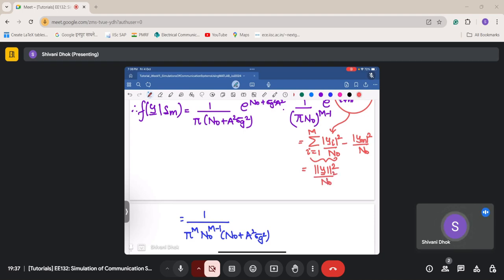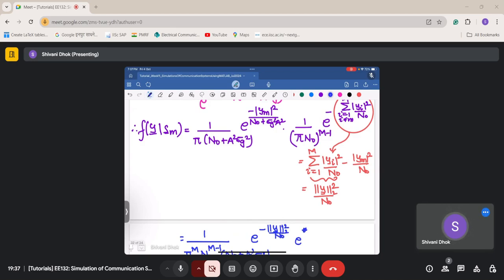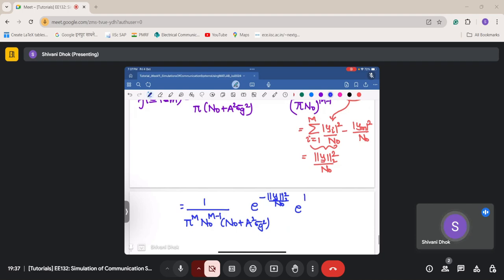This is the L2 norm, the Euclidean norm. This is simply the distance of vector y from the origin. So then I have multiplied by e power minus norm y square by N naught, into e power minus, and I have a minus sign here that will become plus, magnitude of ym square by N naught, into e power minus ym square by N naught plus sigma g square A square.